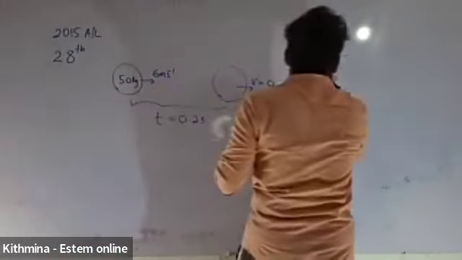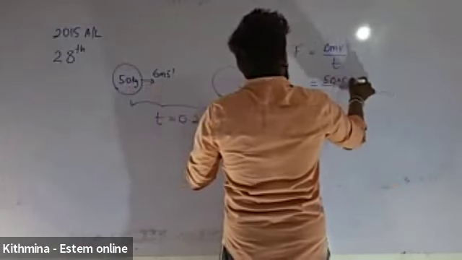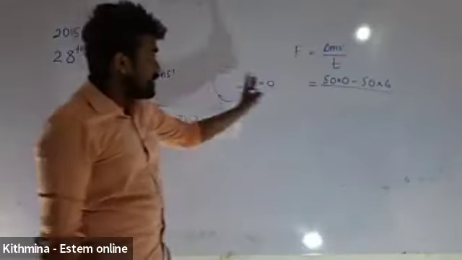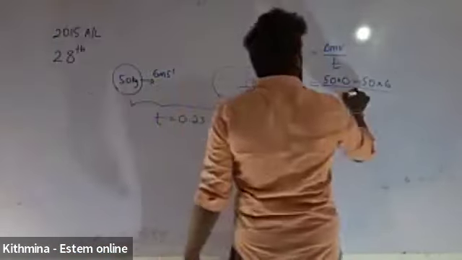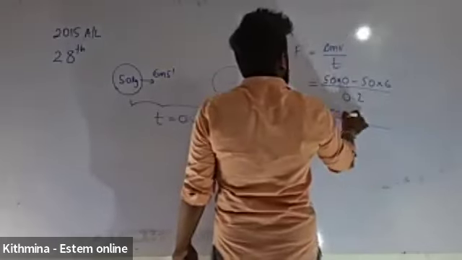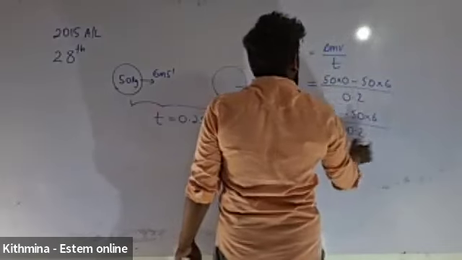Now delta V is 50 into 0 minus 50 into 6. Always final minus initial, and final is 0. Time is 0.2. So this is 0 minus 50 into 6 over 0.2.